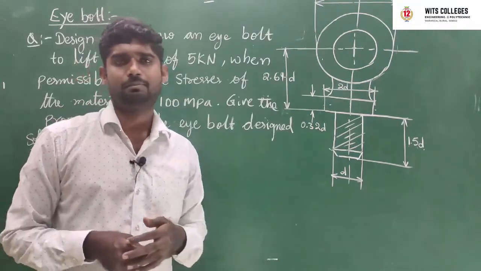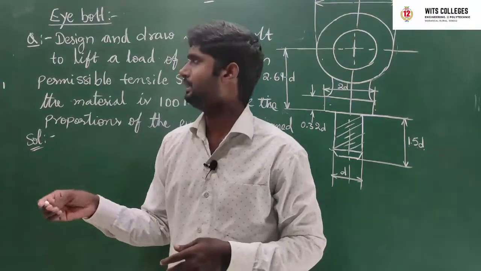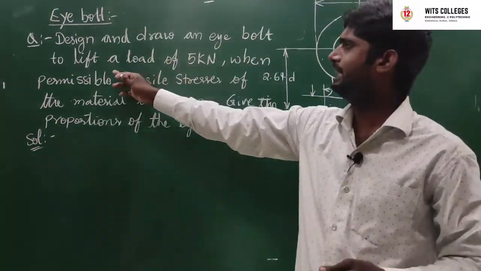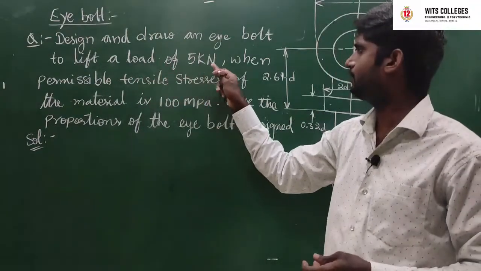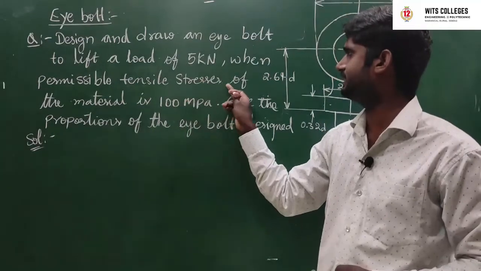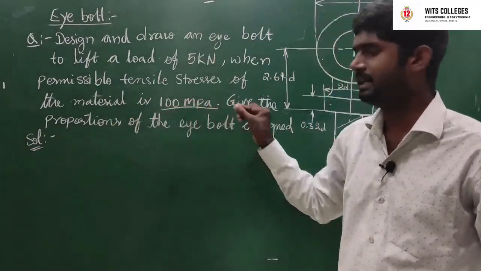Let's see one of the important problems on the eye bolt. Design and draw an eye bolt to lift a load of 5 kN when the permissible tensile stress of the material is 100 megapascal.